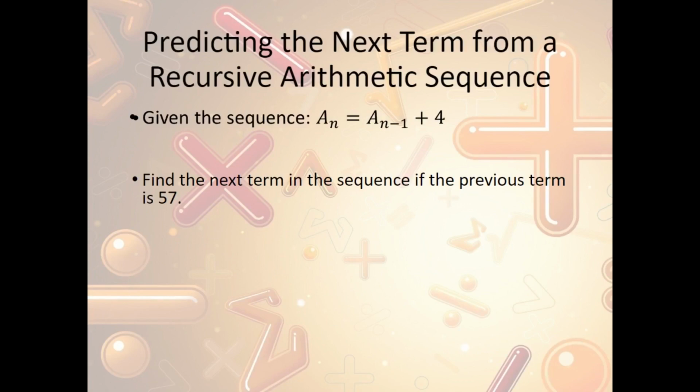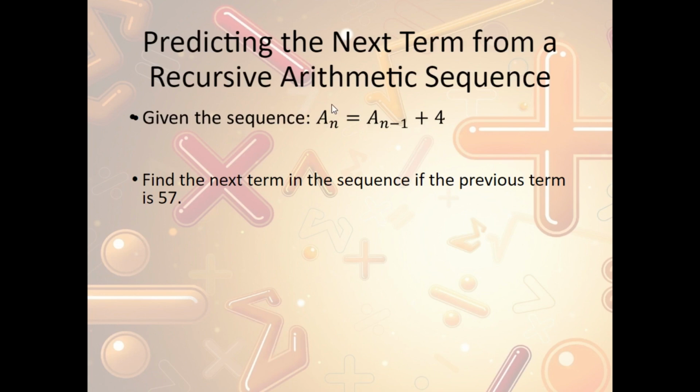So let's say we know the 20th term. How do we know then what the 21st term would be? So the way this works is we're going to find the next term in the sequence if the previous term is 57, given that a_n is equal to a_(n-1) plus 4.